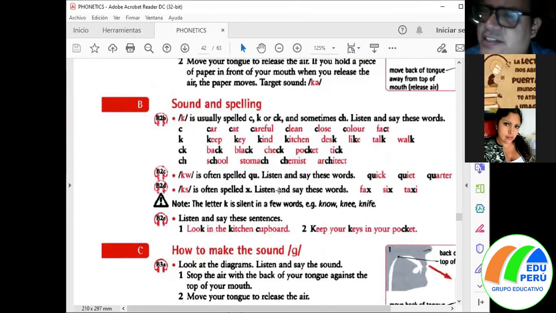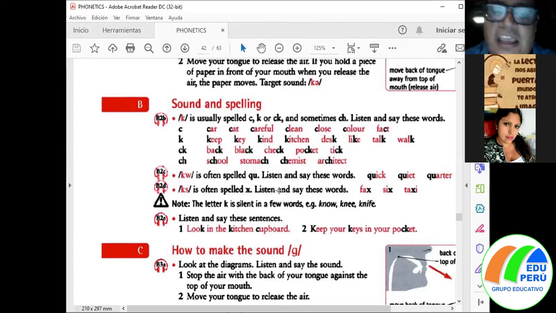Listen and say these words. With the letter C: car, cat, careful, clean, close, color, fact. Notice you write letter C, but you pronounce it K. With the letter K: keep, key, kind, kitchen, desk, like, talk, walk.